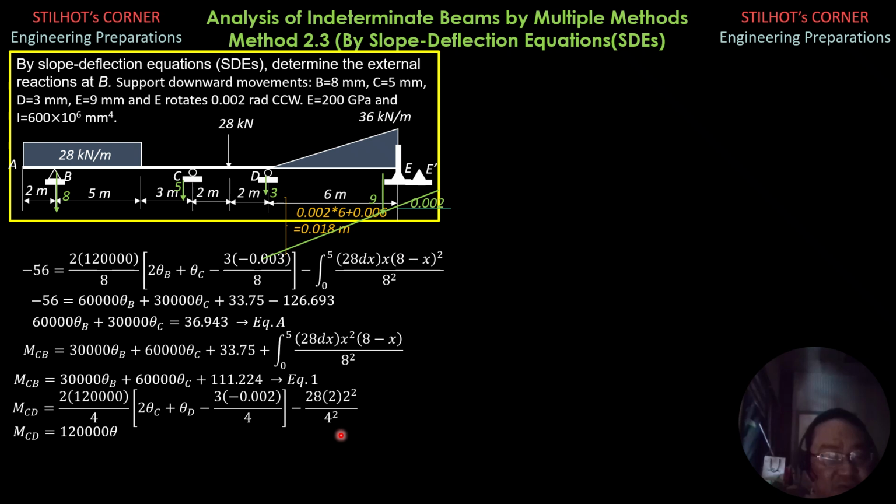MCD is equal to 120,000 theta C plus 60,000 theta D. Then that's positive 90. This is negative 14. So combining, that's 76. MCD is 120,000 theta C plus 60,000 theta D plus 76.